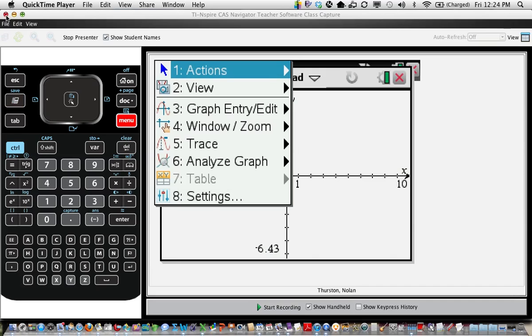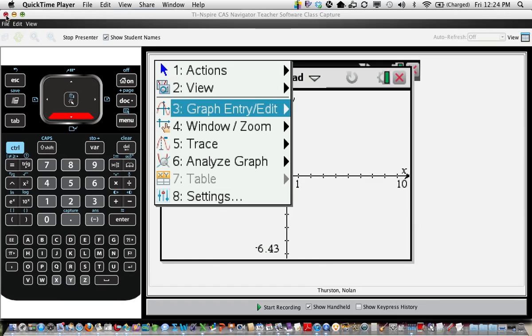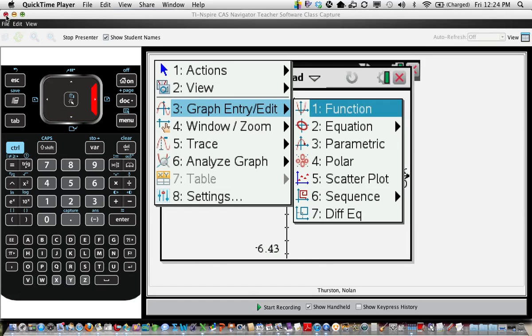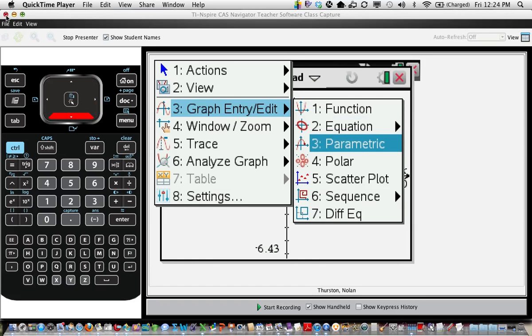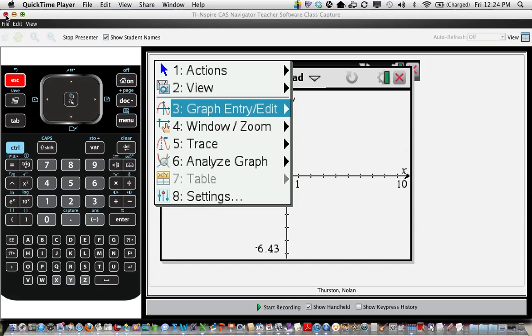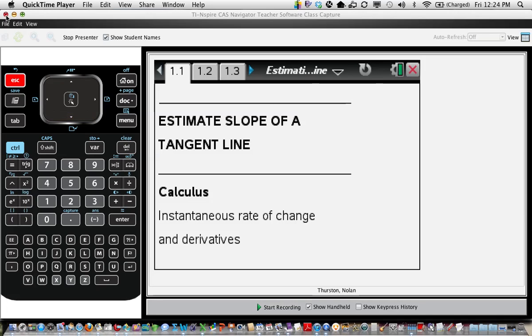Well, that was in the previous operating system. In the new update, they've changed it to graph entry / edit. When you go to that, one of the choices there is parametric. Don't choose it now. It says graph type, but they've changed the wording of that menu item a little bit. And then, of course, today you will need the Chapter 2 assignment sheet, homework sheet, okay?